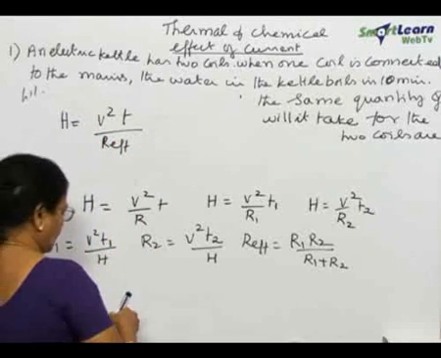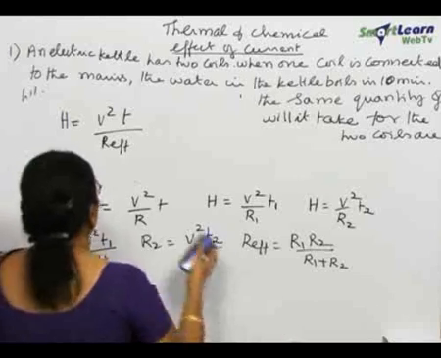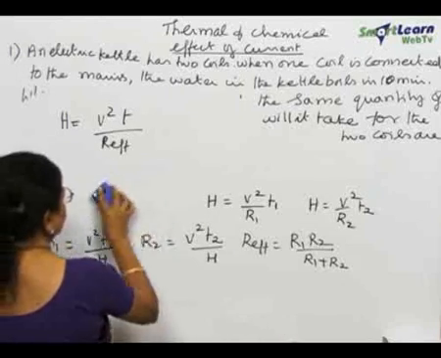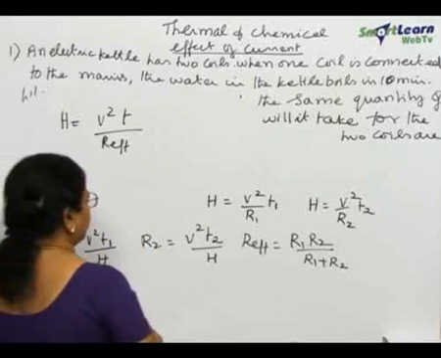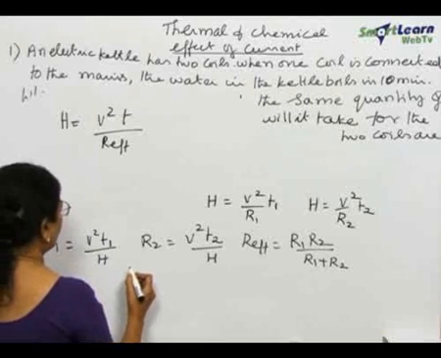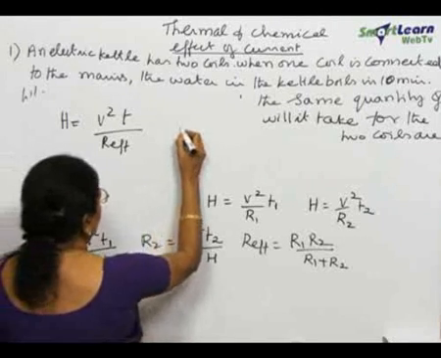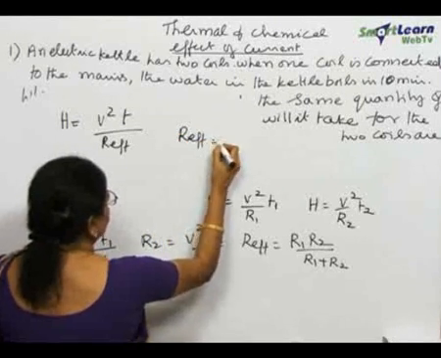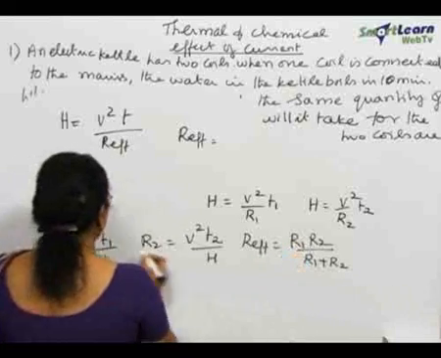Now, let us substitute for R effective. First let us simplify. R effective is equal to R1 R2 by R1 plus R2.